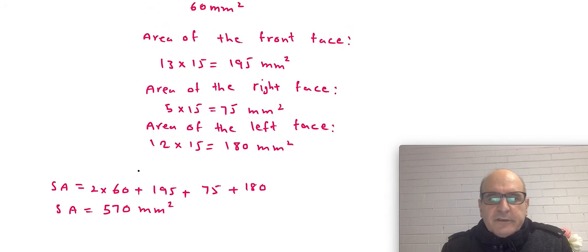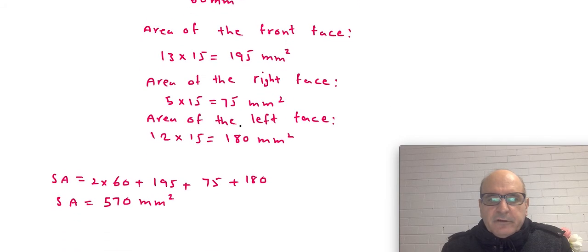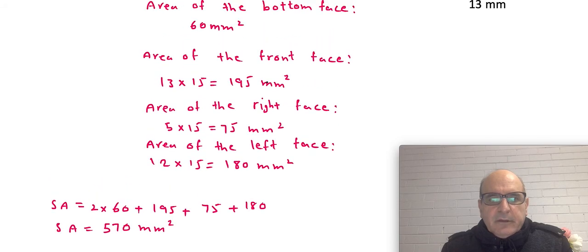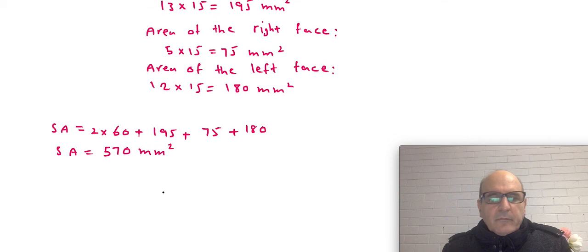So 2 times 60 plus area of the front face, which was 195, plus area of the right face, which was 75, plus area of the left face, which was 180. If you add all of them up, you get 570 square millimeters.